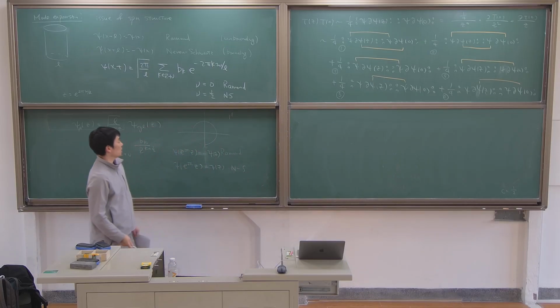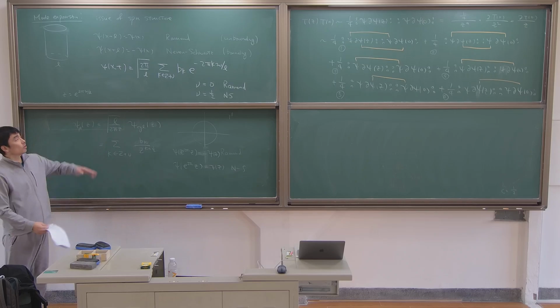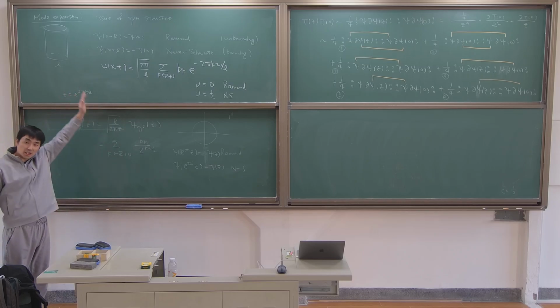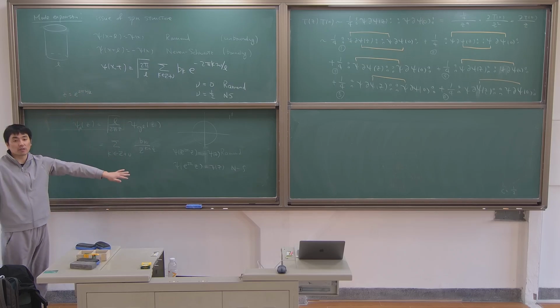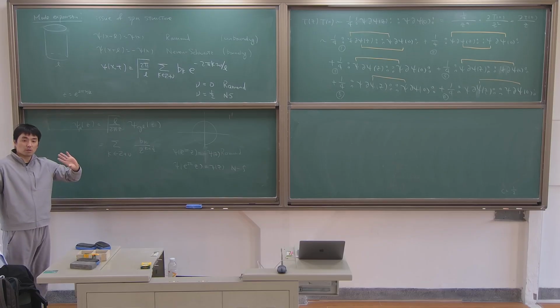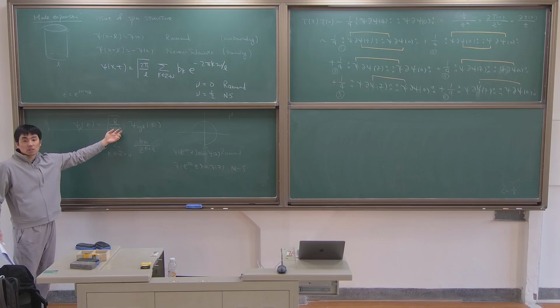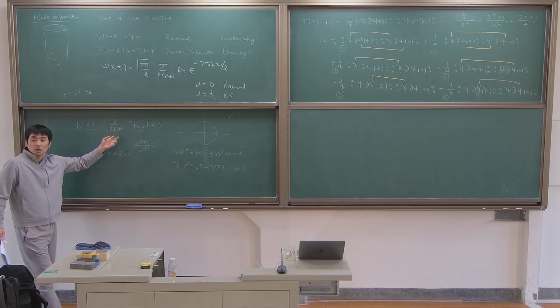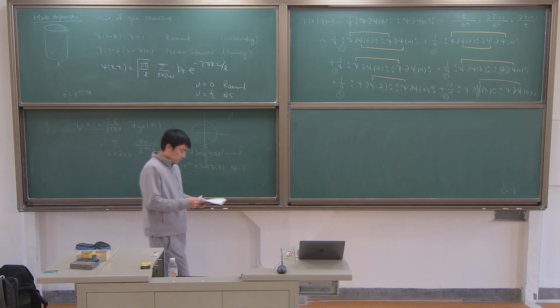So if you go from the cylinder, the cylindrical current and the plane current, the boundary conditions will be exactly opposite because of this 1 over square root z.